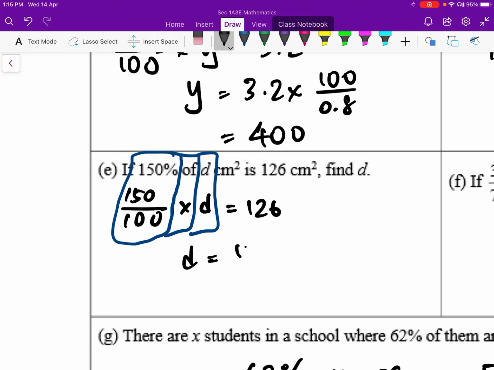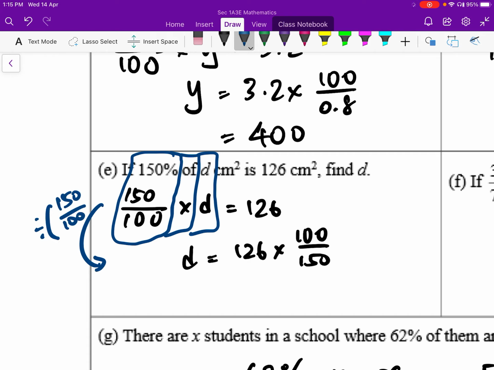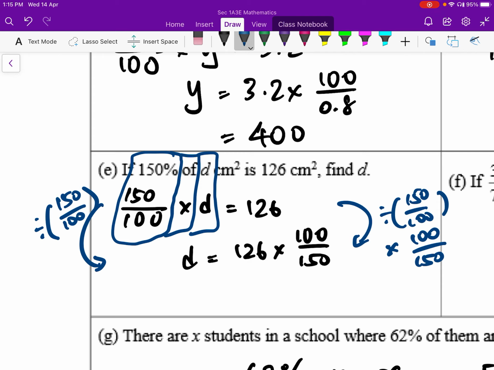So D must be 126 times 100 over 150. What I am doing over here is dividing by 150 over 100. Likewise over here, divide by 150 over 100, which is actually the same as multiply by 100 over 150. Okay, keep, change, flip when you are dividing by a fraction.